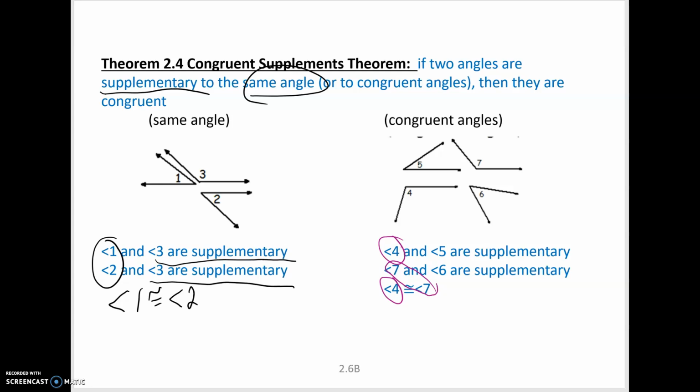So 5 and 6 should be congruent. So angle 5 is congruent to angle 6. Okay, so that's my congruent supplements theorem. So I would abbreviate that when I'm writing it in my proofs, congruent sups.